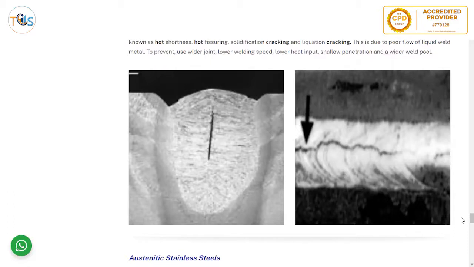Hot cracking is known as hot shortness, hot fissuring, solidification cracking, and liquefaction cracking. This is due to poor flow of liquid weld metal. To prevent, use wider joint, lower welding speed, lower heat input, and shallow penetration, and a wider weld pool.